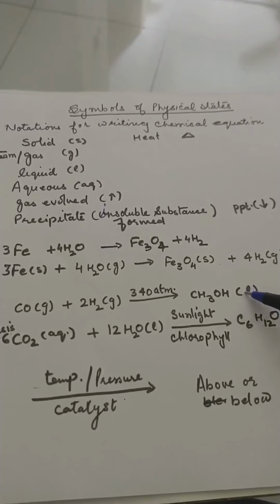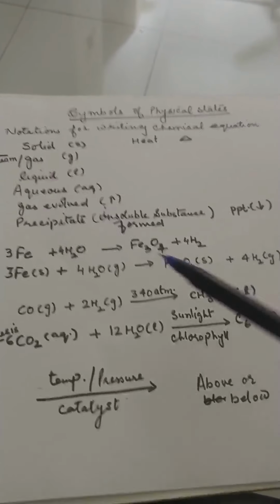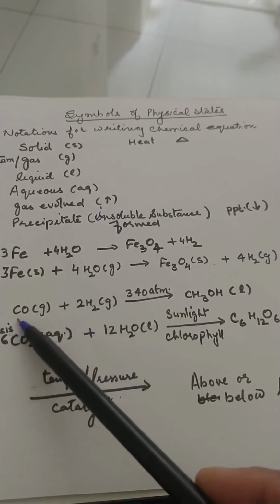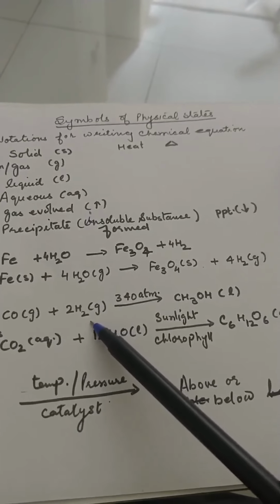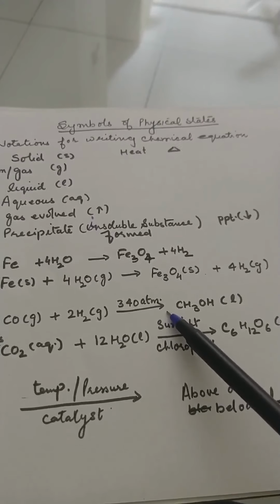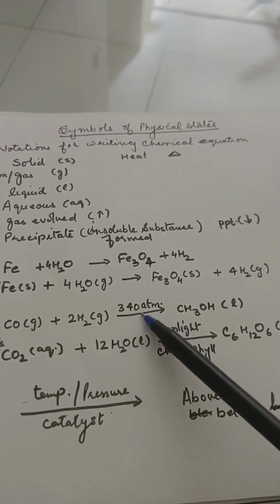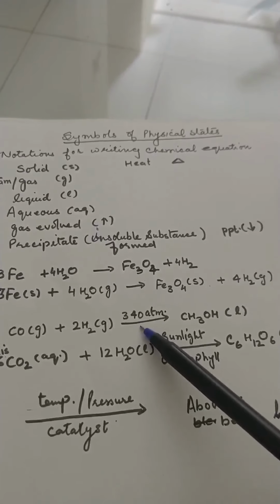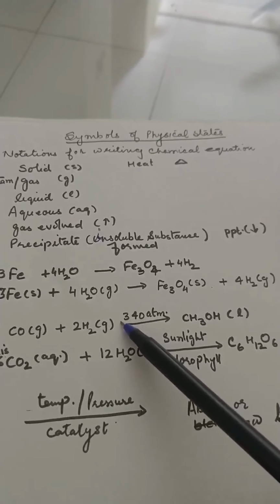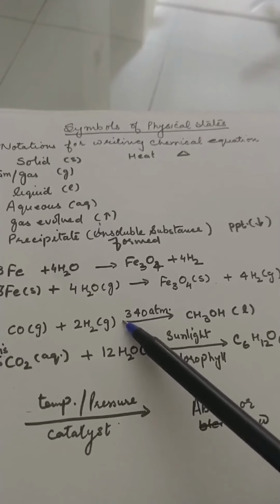Now in this reaction, if you see, here carbon monoxide is gas, hydrogen gas, and above this arrow is written 340 atmospheric. So it means this is the essential condition for this reaction to occur.